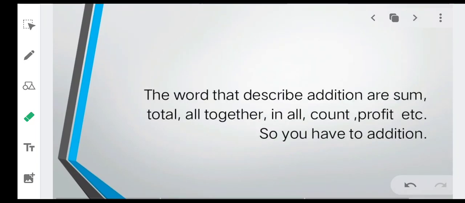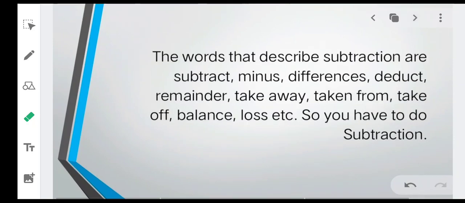The words that describe additions are sum, total, altogether, in all, count, profit, etc. So you have to do addition. The words that describe subtractions are subtract, minus, differences, deduct, remainder, take away, taken from, take off, balance, loss, etc. So you have to do subtraction.